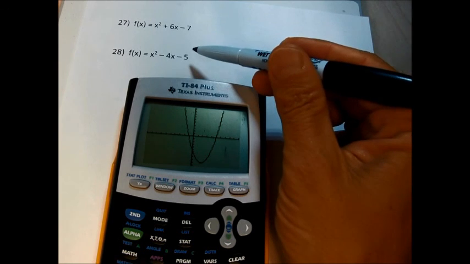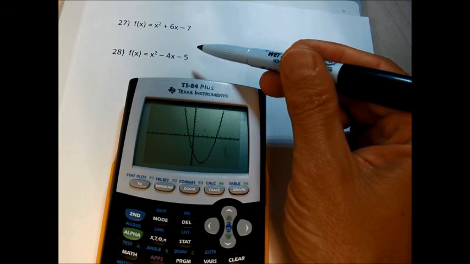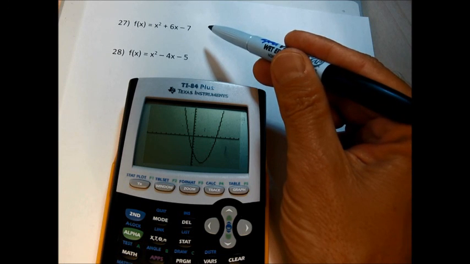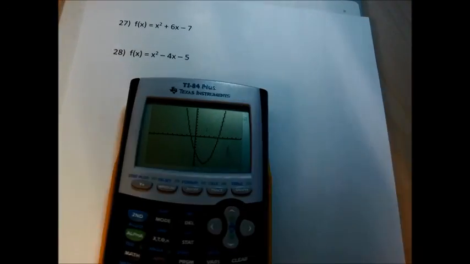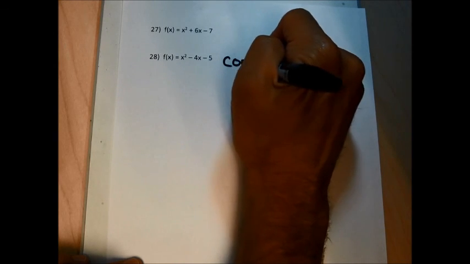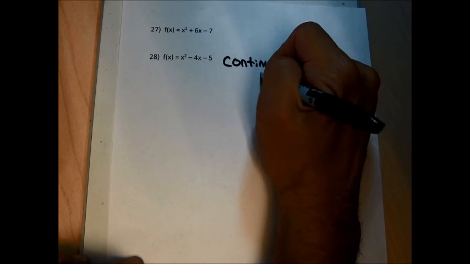The fact that it's not a fraction, the fact that it's a polynomial, means it's continuous everywhere. So again, for 27 and 28, which are both parabolas, there's no algebra to do here. Since it's not a fraction and it is a polynomial, it's continuous everywhere, because there are no breaks in the graph of a parabola.